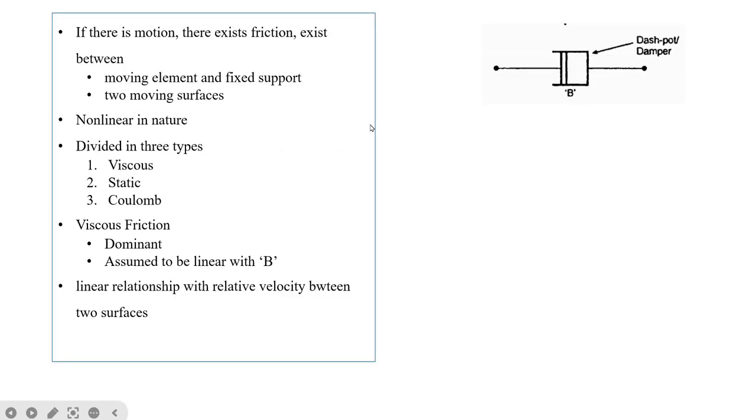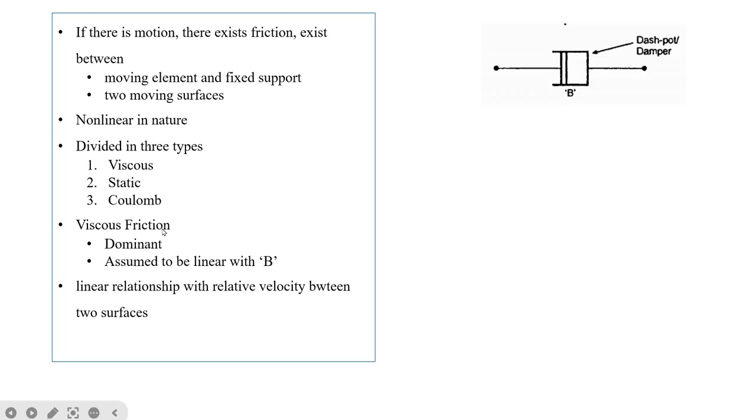Now, whenever there is a motion, then there exists friction. Here, this friction exists between a moving element and a fixed support, or between two moving surfaces. The friction is non-linear in nature, and it can be divided into three types: viscous friction, static friction, and Coulomb friction.